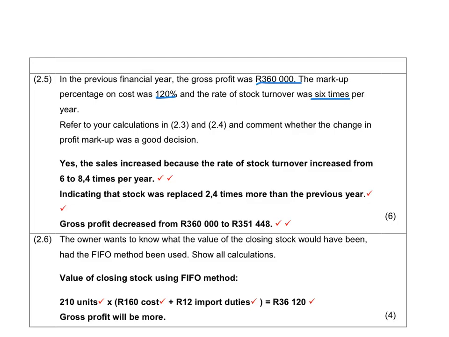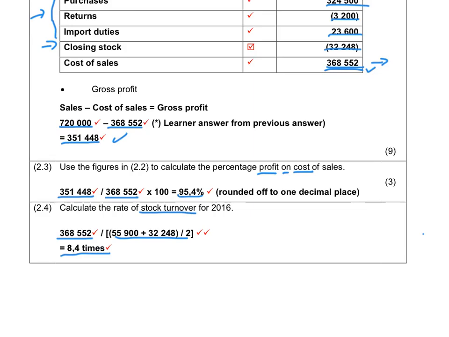Because we're making a smaller profit, in the previous year the markup was 120%. In the current year, the markup percentage is 95.4%. So we reduced the profit markup.